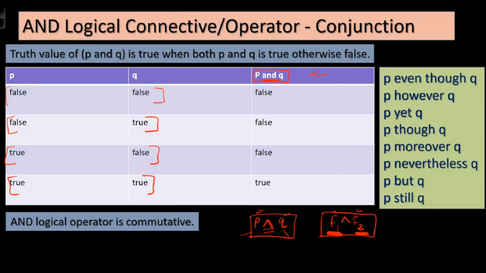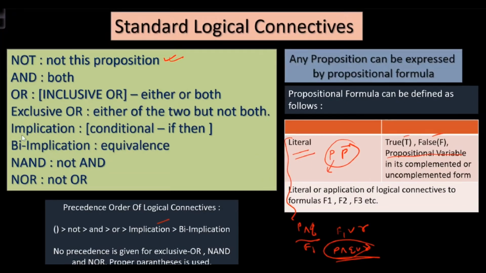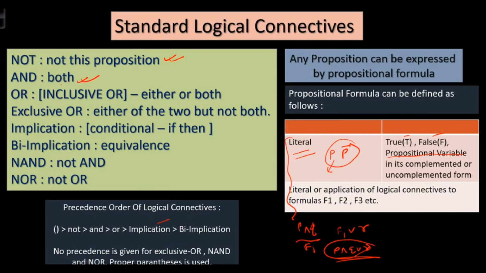These are the different combinations possible: both operands false; first false and second true; first true and second false; and both true. The behavior of AND is such that it will be true only if both are true. That's what I have written here also. If both operands are true, only then is the resulting expression true.